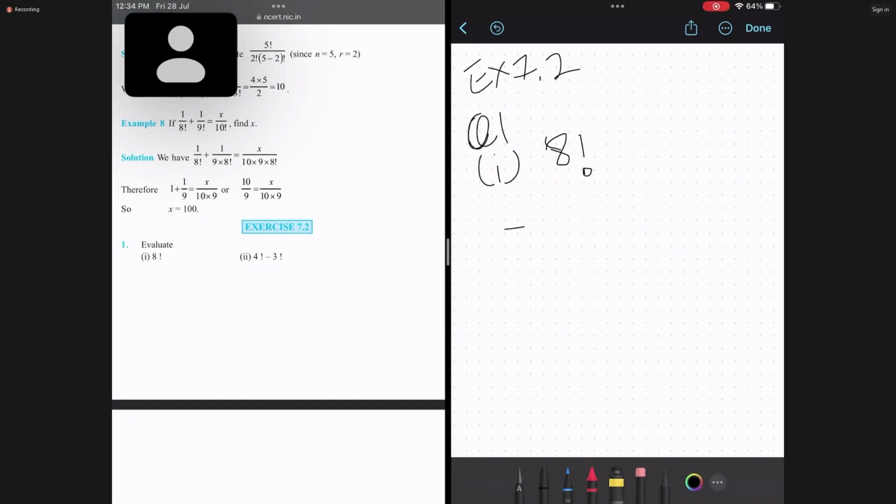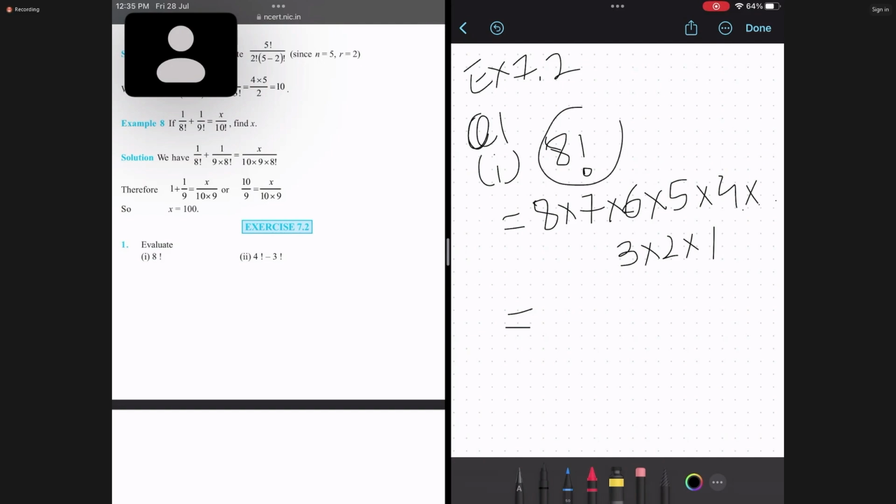So 8 factorial is nothing but 8 into 7 into 6 into 5 into 4 up until 3 into 2 into 1. Correct. So that is what 8 factorial is, and it can be denoted by this symbol right here. And if you go on and actually solve this, you would get your answer to be 40320. Correct.